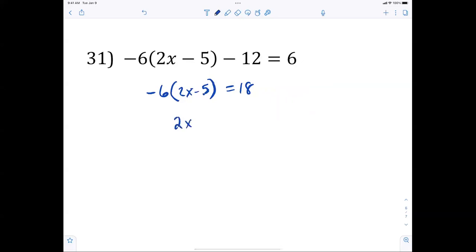And what do you get? You get -3. Now what? Then you do +5, and what do you get? 2. Now you have x equals 1. Yes, sir. That was really nice. Anybody have any issues with that?